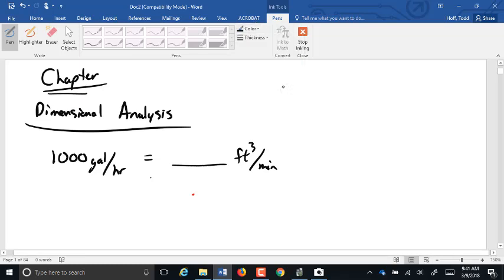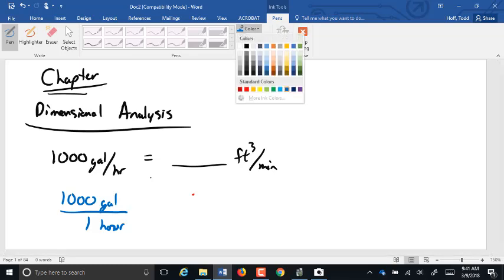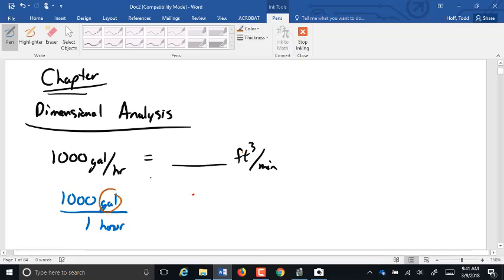So to make that comparison and make that conversion, it is actually dimensional analysis that is telling us what to do. We have 1,000 gallons over 1 hour. We turn our rate into a fraction like that. And now we have to change gallons into cubic feet, and we have to change hours into minutes.